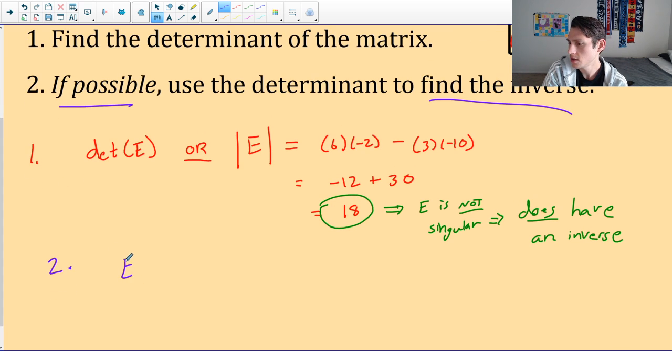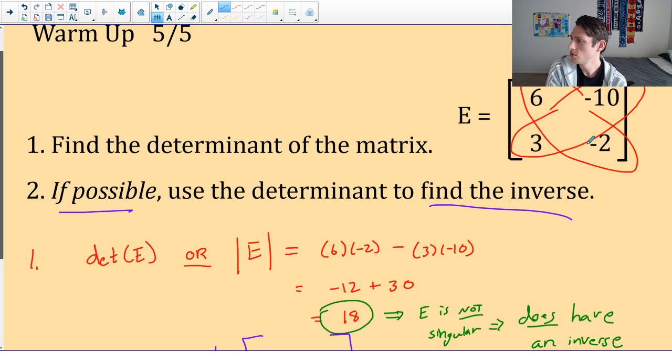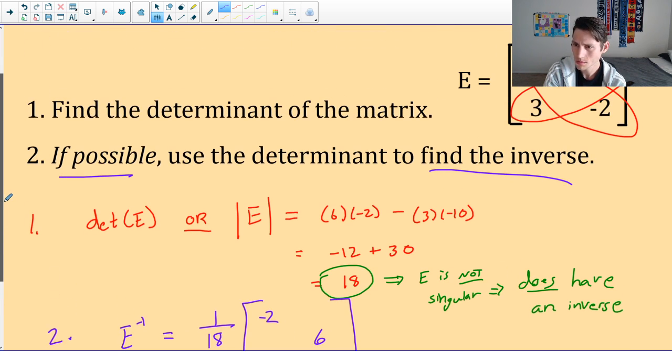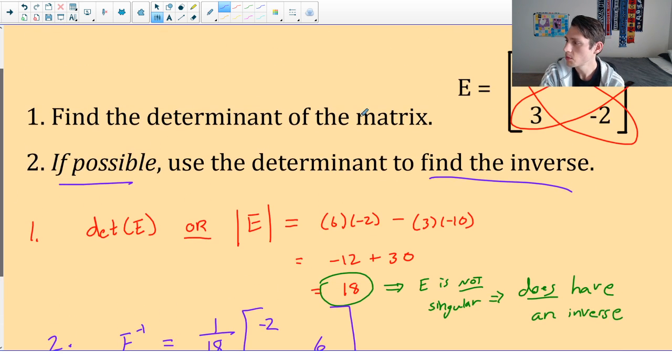All right, so E inverse is 1 over the determinant times the matrix. Okay, so what we do, 6 and -2 switch places. 3 and negative 10, they stay where they are, but we just introduce another negative sign.